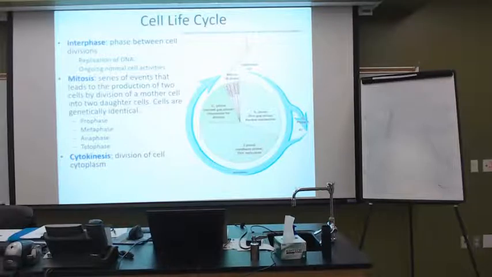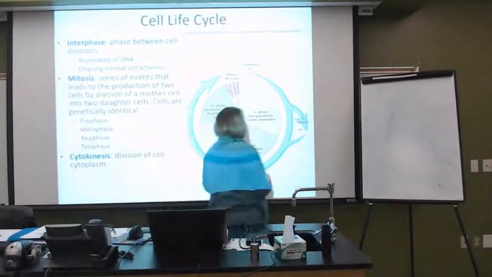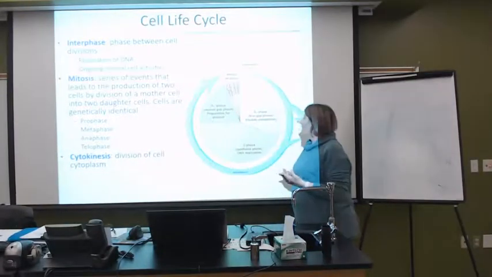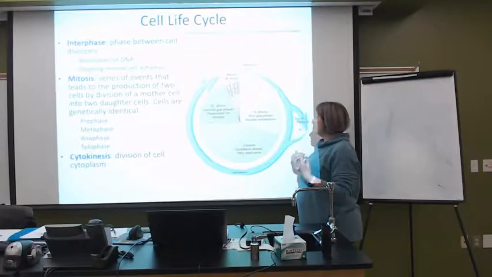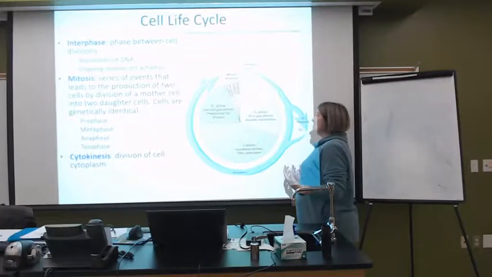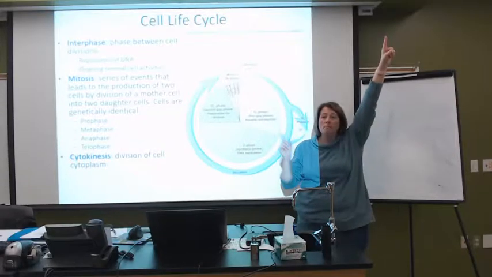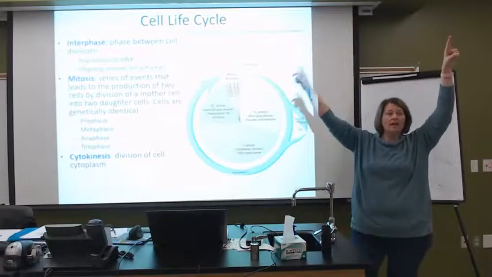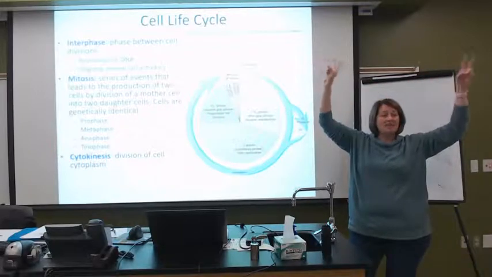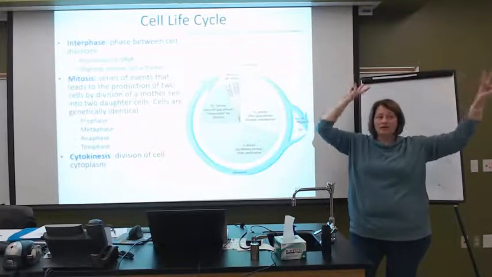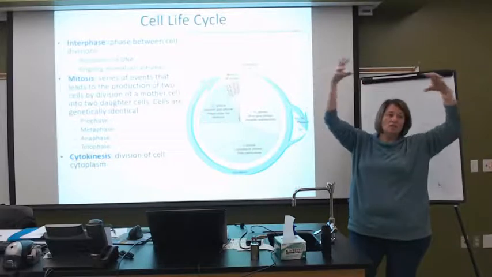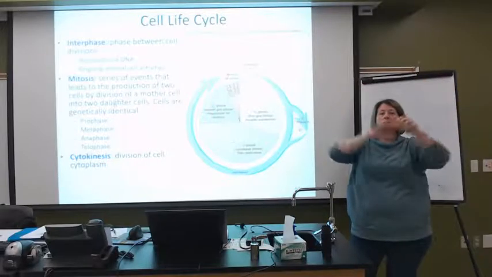So, interphase. What we're trying to look at here in this cell life cycle, it's trying to say, all right, we've got this cell's got to, number 1, do its job, make its product, okay? And then it's got to duplicate everything in it so that one can become two.